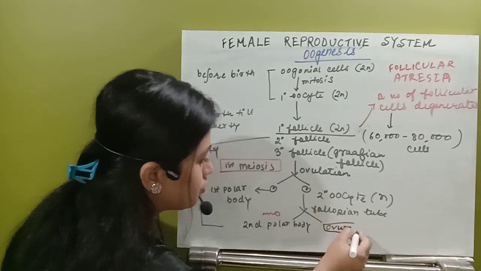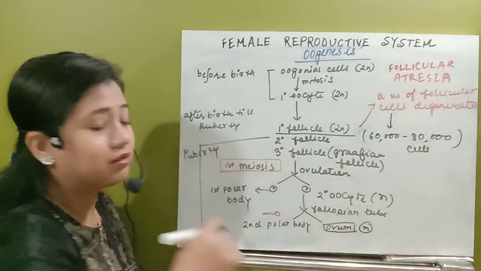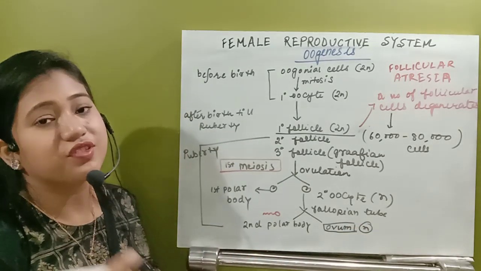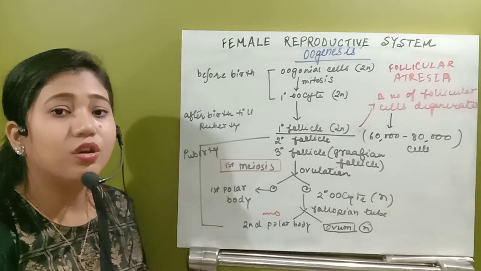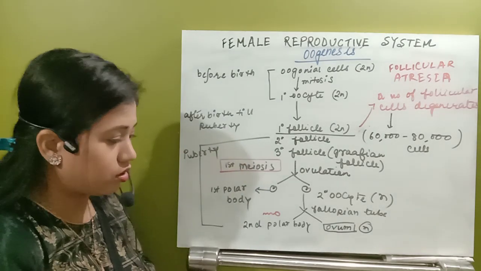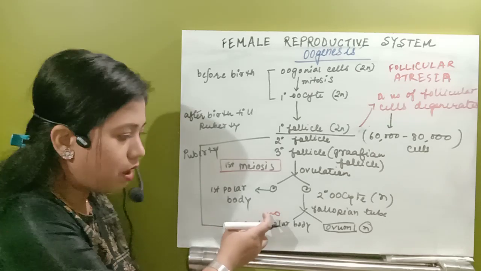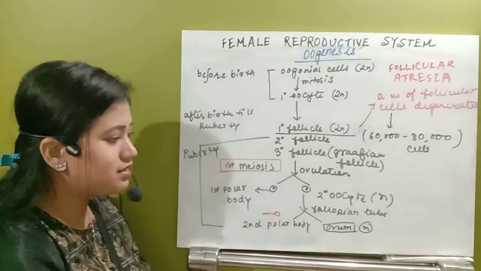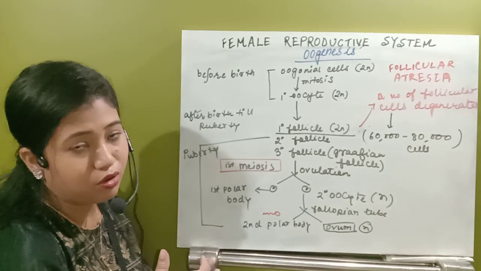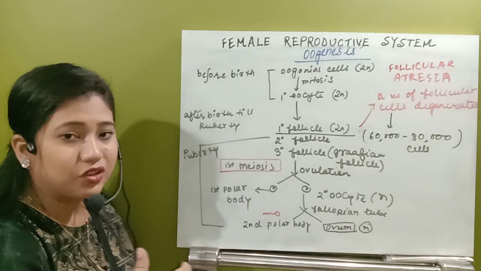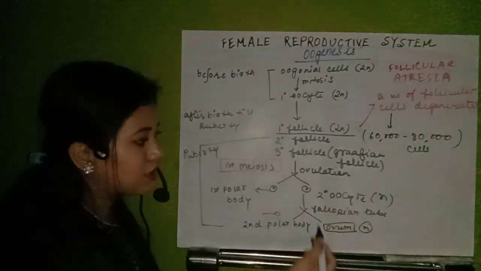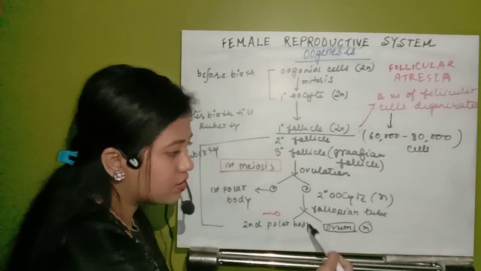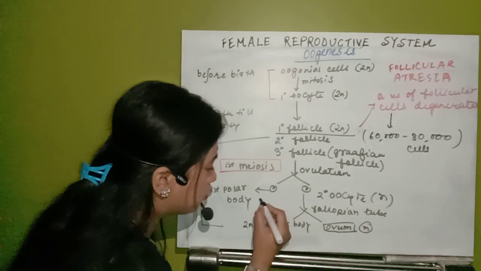Only this ovum carries the characteristics for the process of fertilization. Only if the spermatozoa reach the site of the fallopian tube and fertilize, before the exchange of the gametes, that secondary oocyte will start the second meiosis.